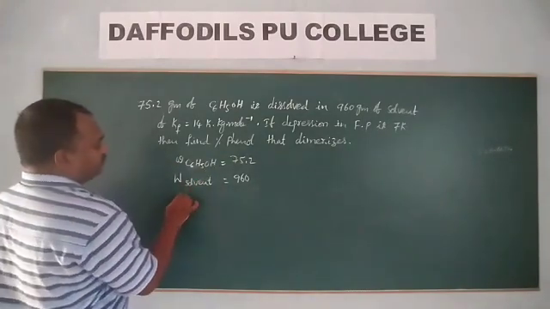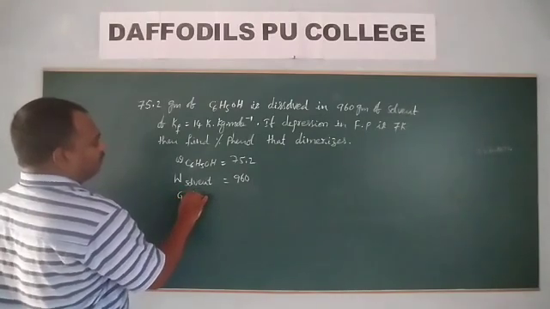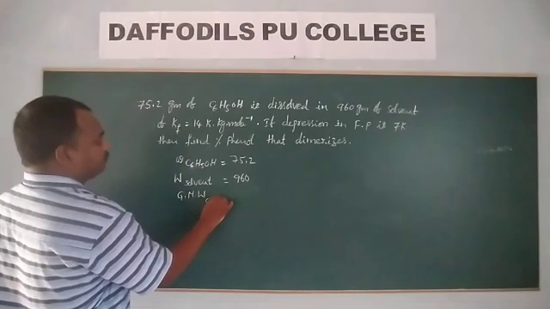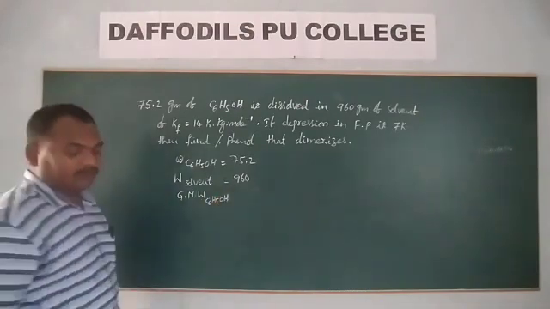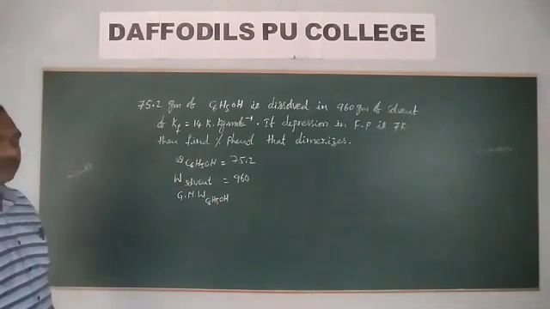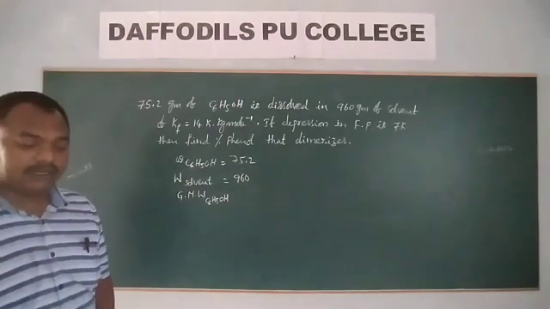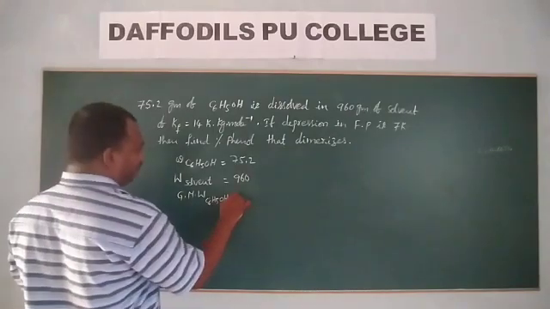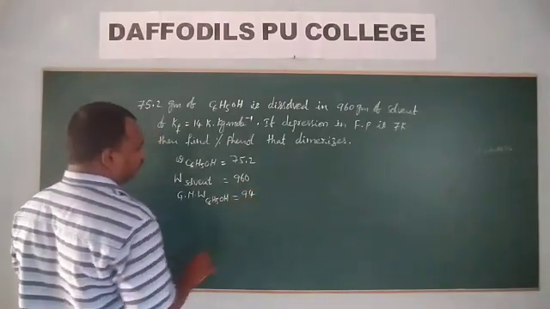When a name is given, indirectly they are giving the gram molecular weight. Whenever names are given, you have to remember they are indirectly giving the gram molecular weights. Gram molecular weight of phenol is 94.